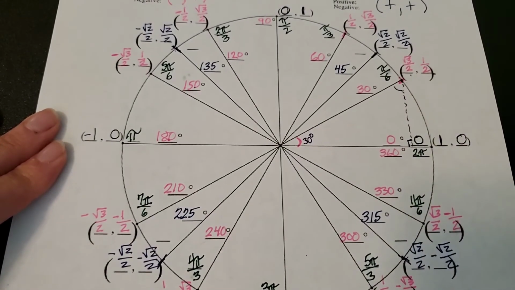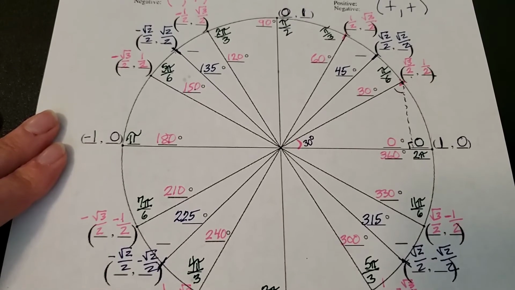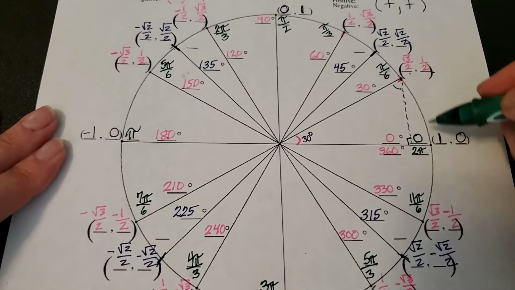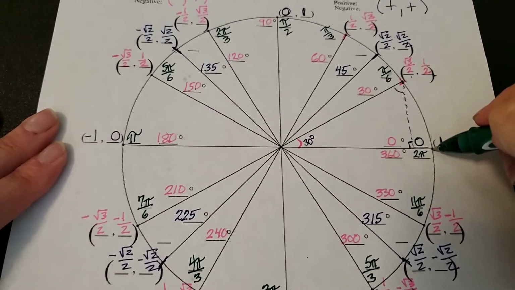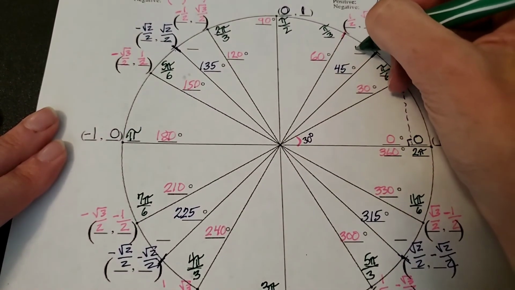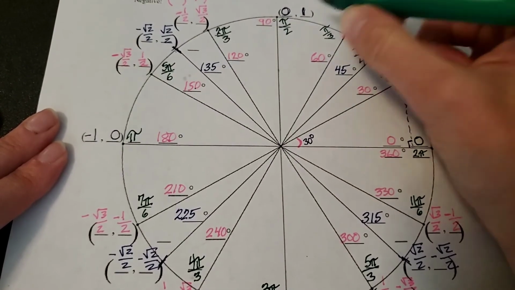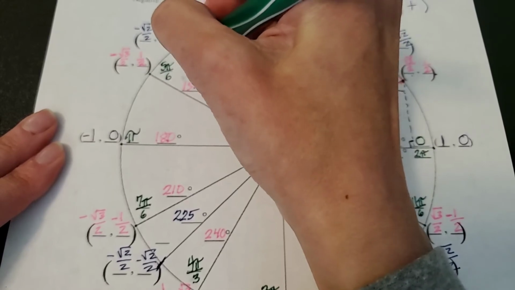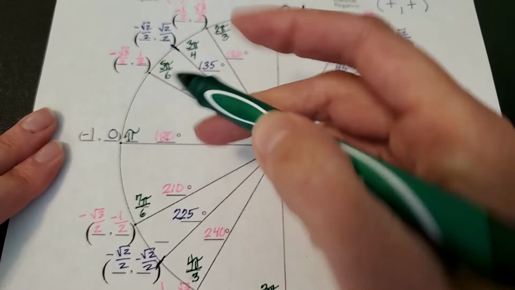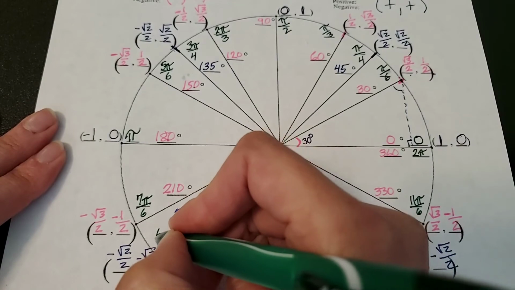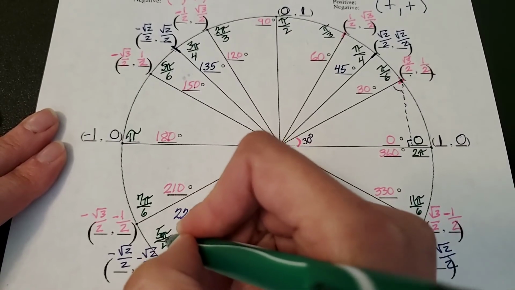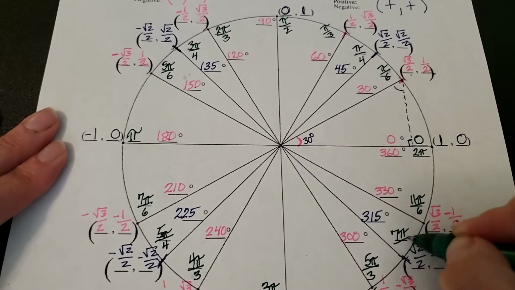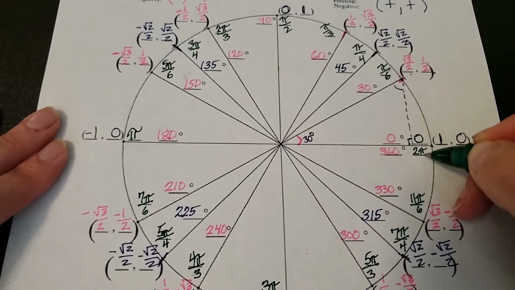There are my 30-degree markings in terms of radians. Now I'll go back at those 45-degree angles and count by fourths of pi. 1 pi over 4, 2 pi over 4, 3 pi over 4, 4 pi over 4, 5 pi over 4, 6 pi over 4, 7 pi over 4, 8 pi over 4.